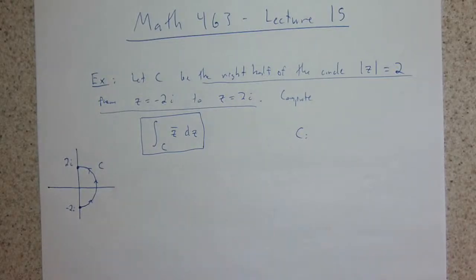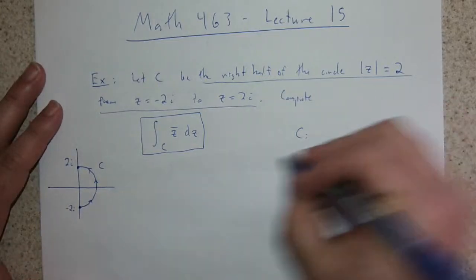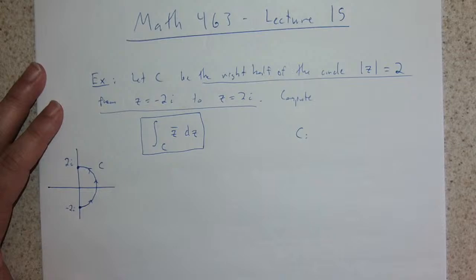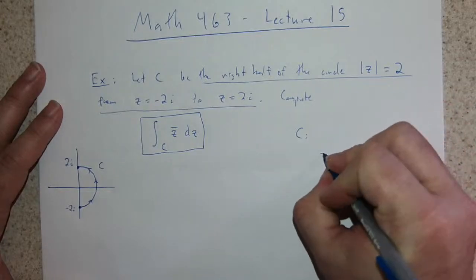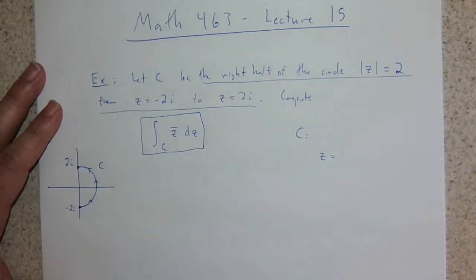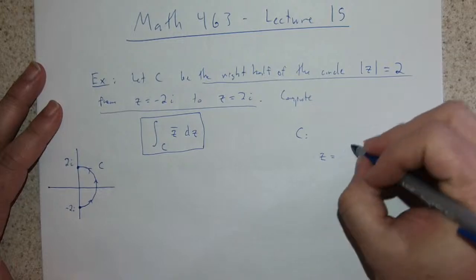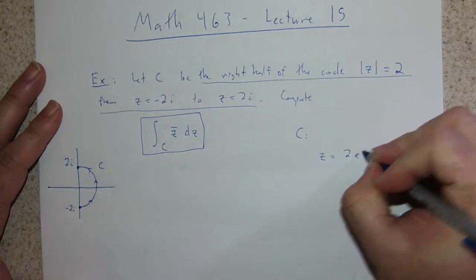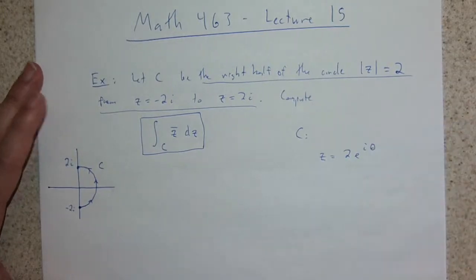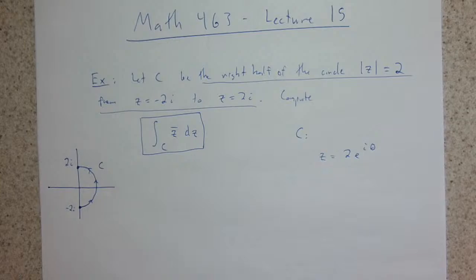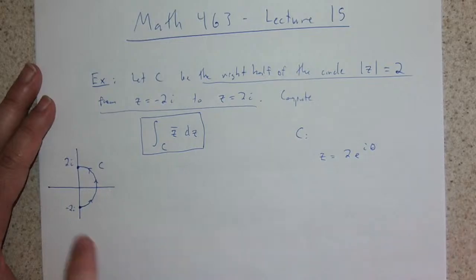This isn't too tricky for part of a circle here, because we know that this is part of a circle of radius 2. So coming up with a description of this in terms of polar coordinates is always easy. So z is 2e to the i theta. This is a nice description in terms of a single parameter. Where does that parameter live?